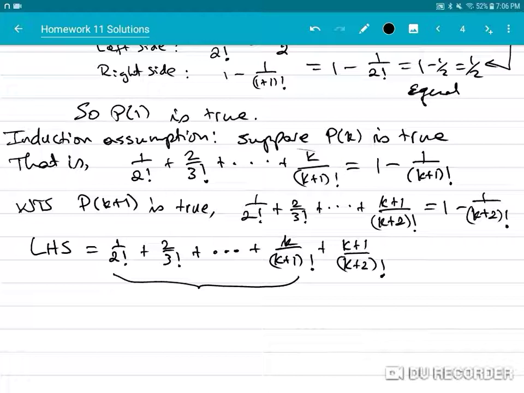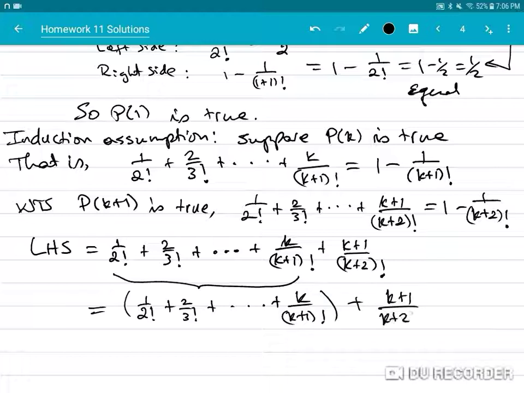We assume that that's equal to that one, so we'll replace that. That's 1 minus 1 over k plus 1 factorial plus k plus 1 over k plus 2 factorial. This is by induction assumption.